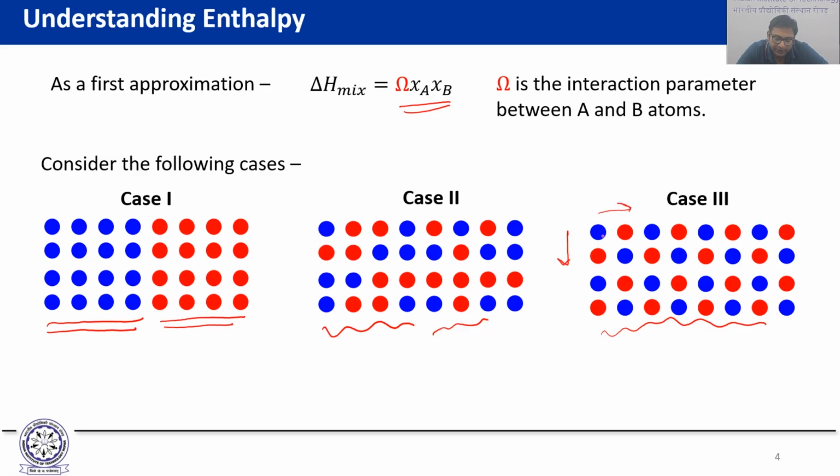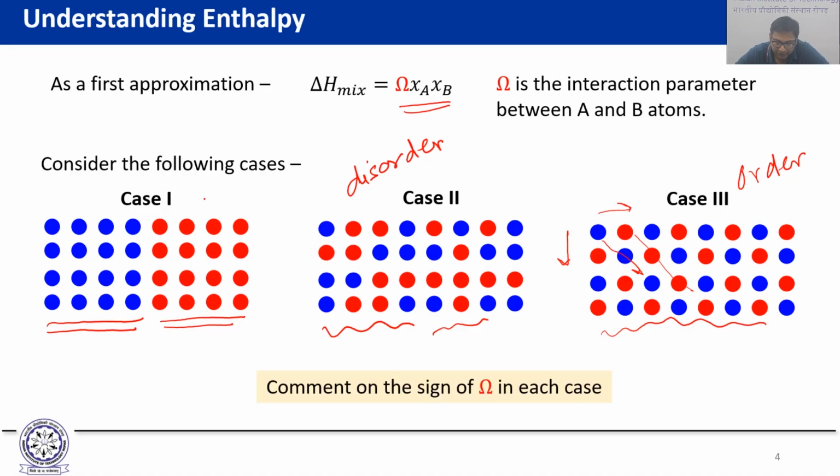If you go in the other direction, again you have got blue followed by red, followed by blue, followed by red. If you start going in the diagonal direction, you start seeing the same color of atom all throughout. So there is a certain order which is found over here. The second case is where you have nice randomness or disorder, and then in the first case you are not really having an intermixing of atoms.